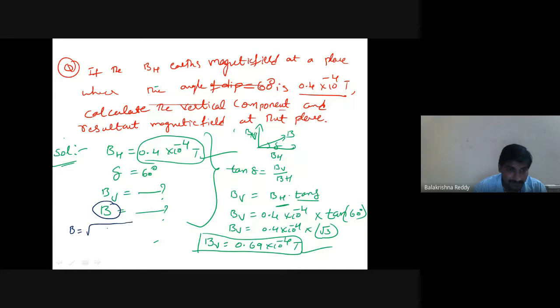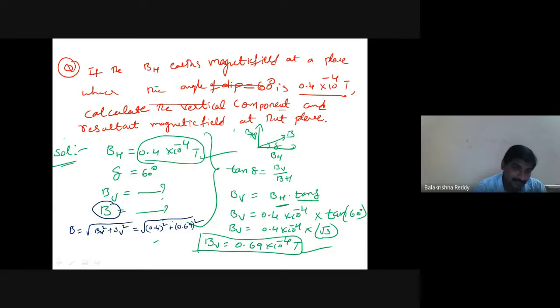We know the formula: square root of BH square plus BV square. Now 0.4 whole square plus 0.69 whole square, with 10 to the power minus 4 common in both.